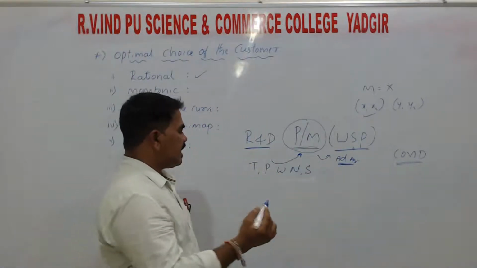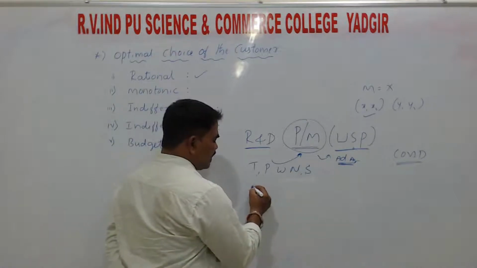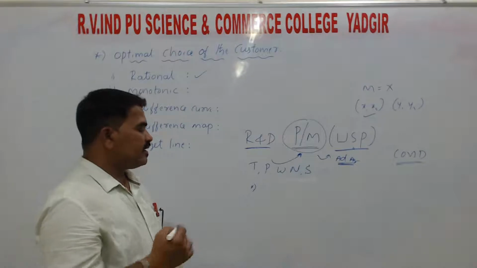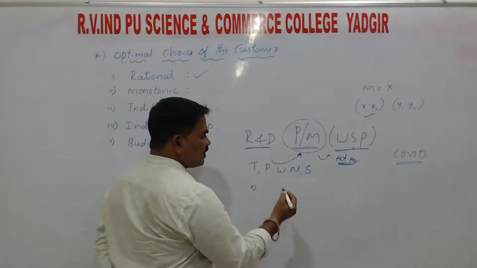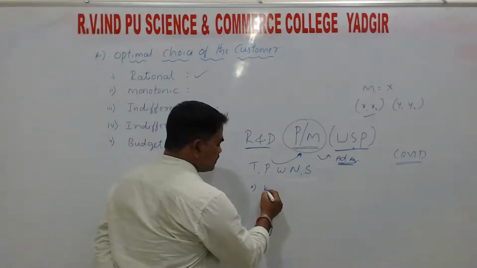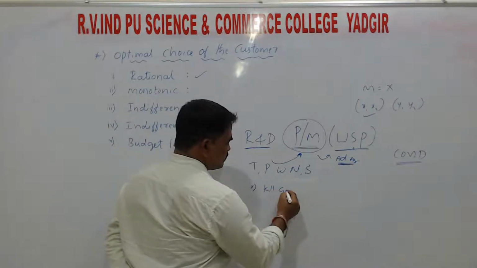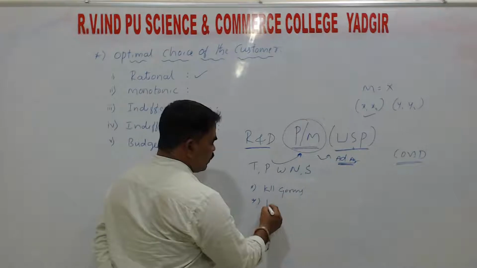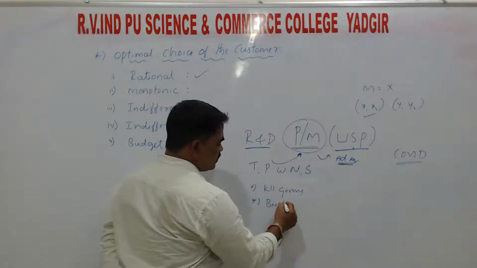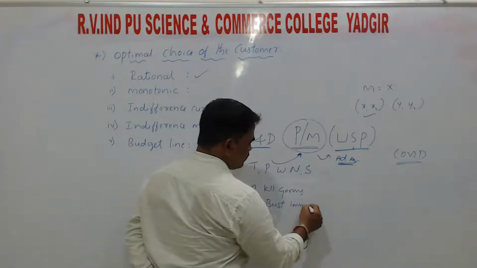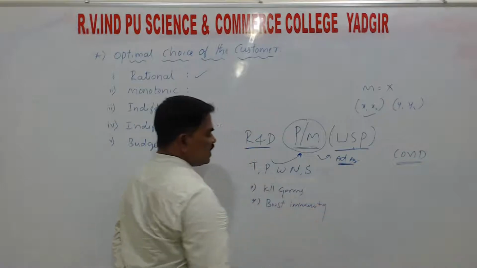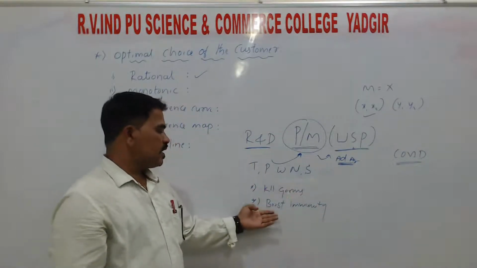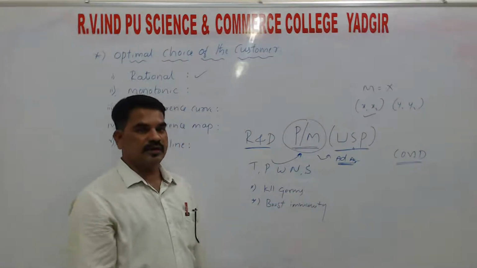If you see any product, they either want to sell that product saying it kills germs, or it boosts immunity. Either they say our product kills germs or our product boosts the immunity. Correct?